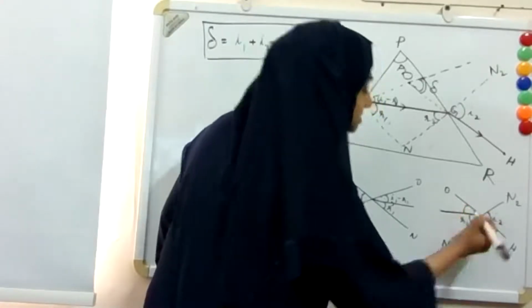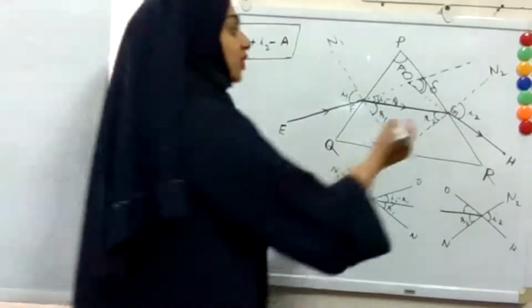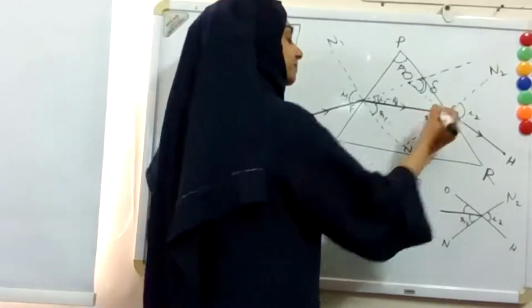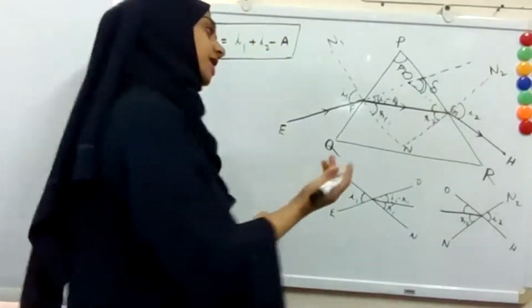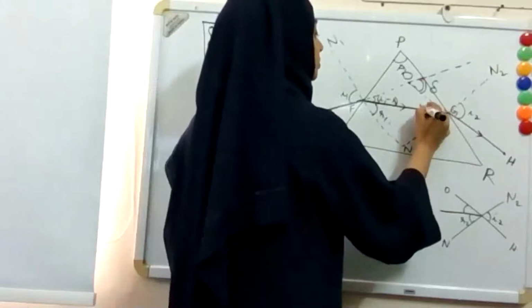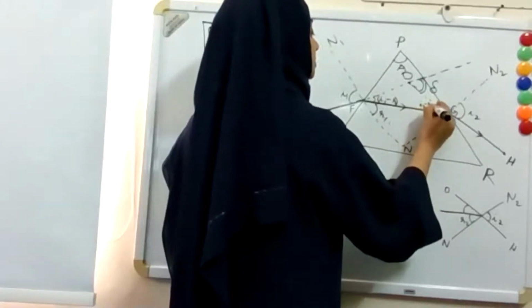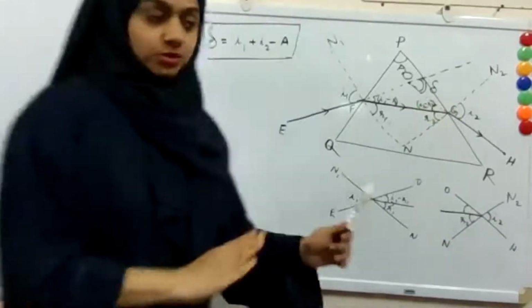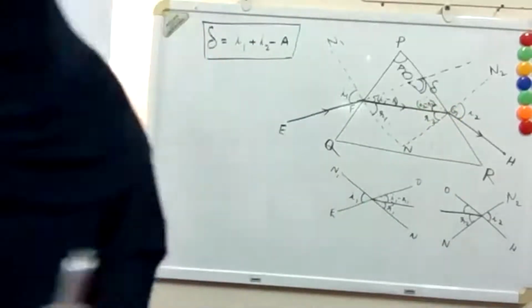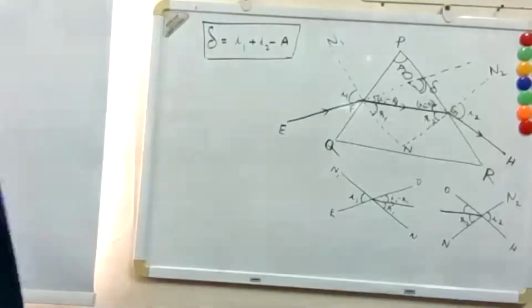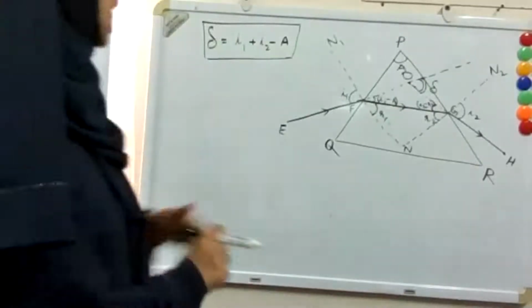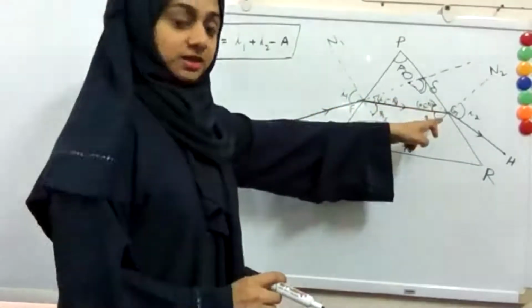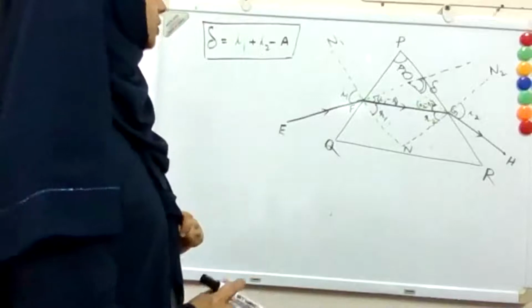So what will be this angle? I2 minus R2. Okay, so this was just to explain that. Understood? This is I1 minus R1 and this is I2 minus R2.